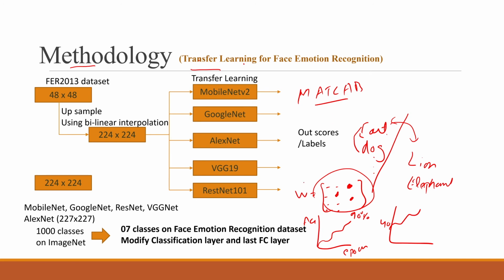As we are doing face emotion recognition, previously we have a lot of best classifiers in the world, like MobileNet, which is by Google, similarly GoogleNet, AlexNet, and a lot of them. They were trained on 1000 classes based on the ImageNet dataset. It is 130 GB, a huge dataset of 1000 classes containing a lot of animals and objects in the world.